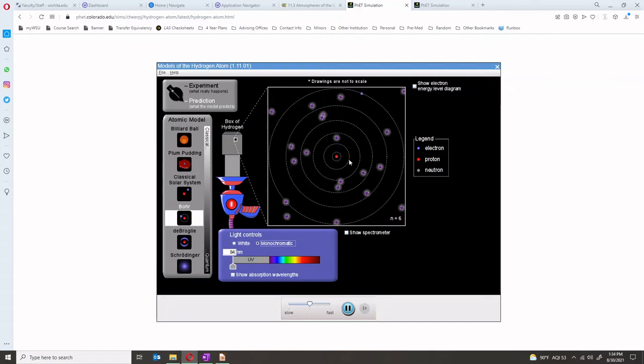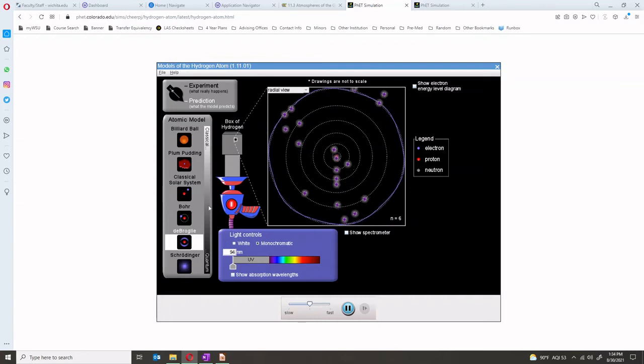The photons are these little fuzzy looking things, and whenever it gets hit by a photon, it tends to jump up an energy level. When it drops down an energy level, it's spitting out a photon. That's going to be important when we talk about a couple of things later on, but that's something you could see from the Bohr model of the atom.